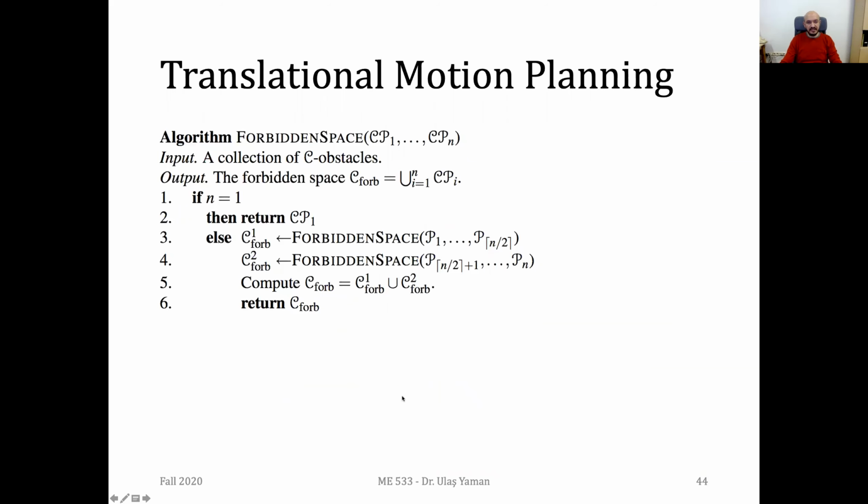We have the configuration spaces of the obstacles, which are determined by Minkowski sums. If you have them, then you can simply join them together to determine your resulting forbidden space.